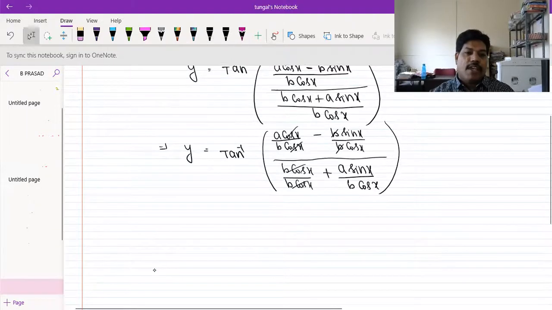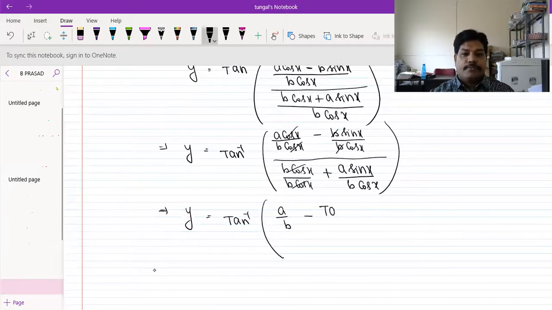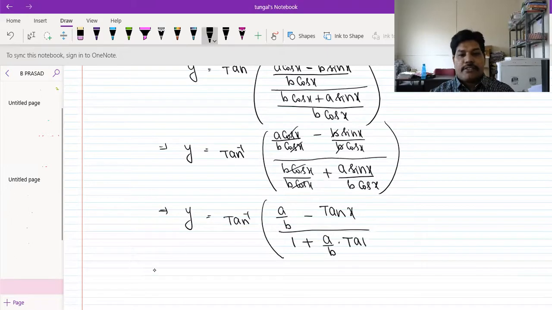So that implies y can be written as y is equal to tan inverse of a by b minus sin x by cos x, it will become tan x, and by 1 plus a by b into sin x by cos x, it will become tan x.